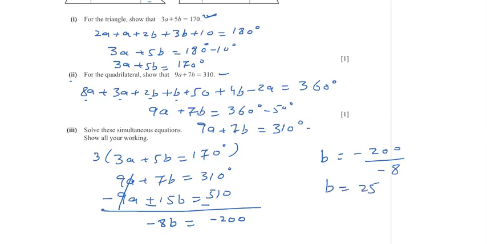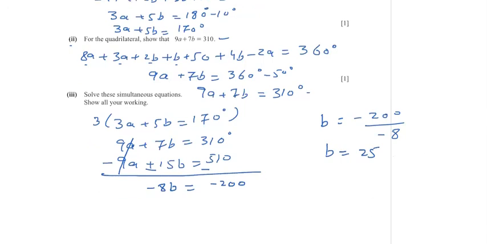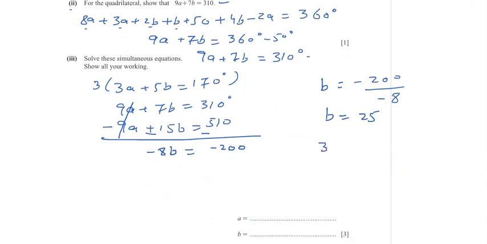This value of b you can put in any one of these equations. So I will put it in this equation. Putting the value of b in 3a plus 5b, I will get 3a plus 5 into 25 equals 170. So 3a plus 125 is equal to 170. Take 125 to the other side.